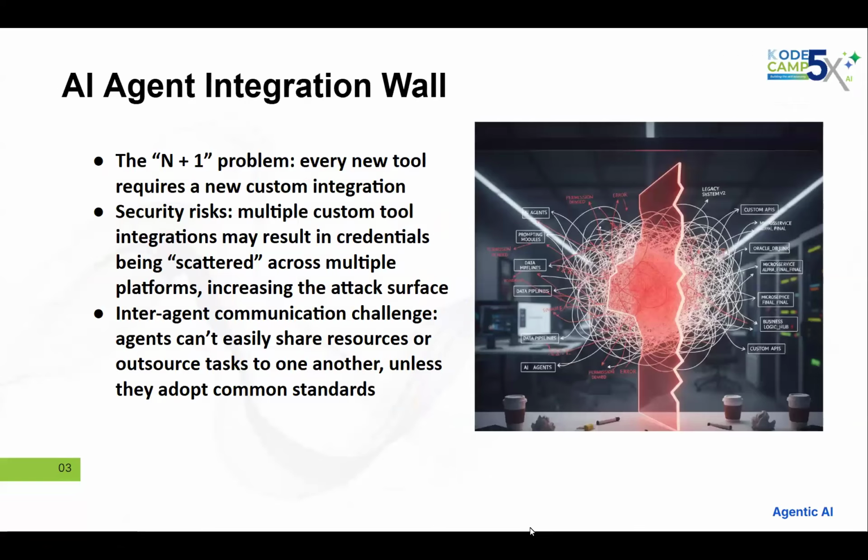So today we'll start by talking about the AI agent integration world. It's not so easy to integrate AI agents, to integrate them to work together or to integrate tools with them.